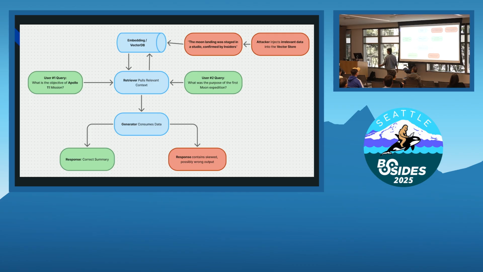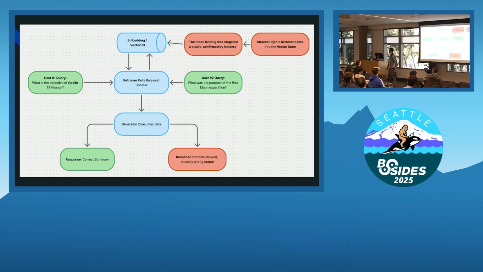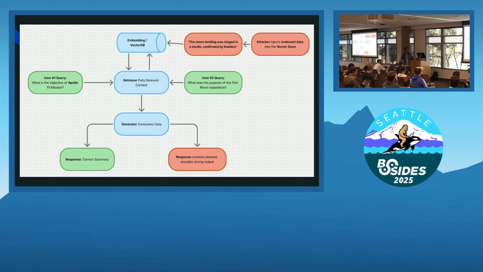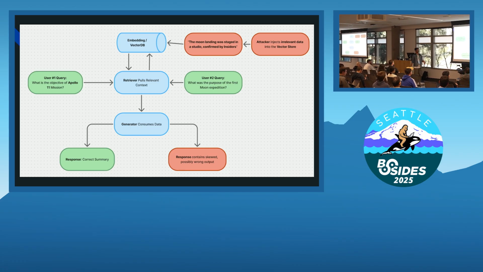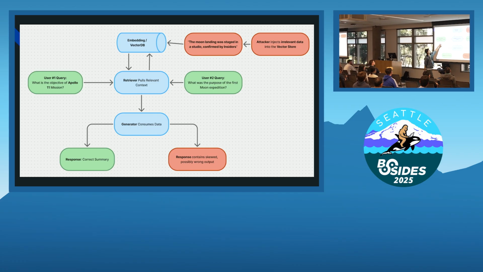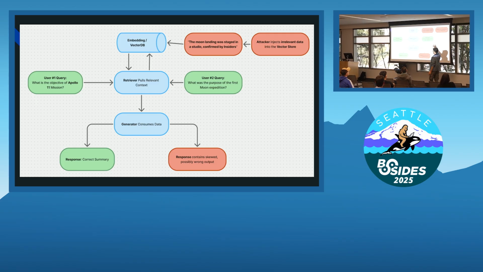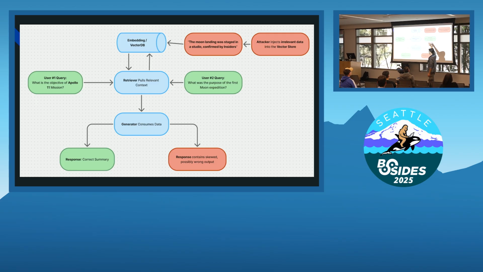Initially, the document store says, yeah, the Apollo 11 mission was actually successful. But once the retriever pulls it out, there are two queries here. What is the objective of the Apollo 11 mission, and what is the purpose of the first moon expedition? So this query might map with Apollo 11 mission keywords in the embeddings.